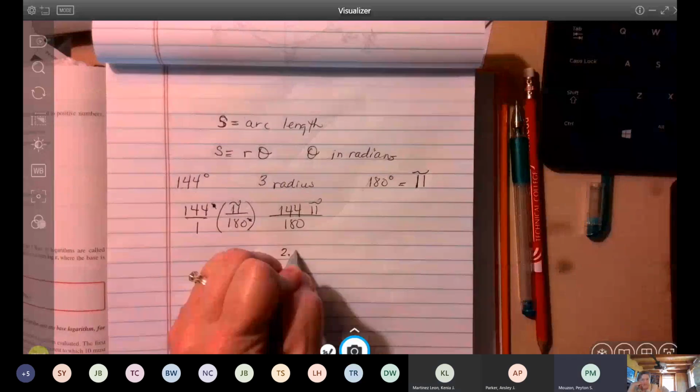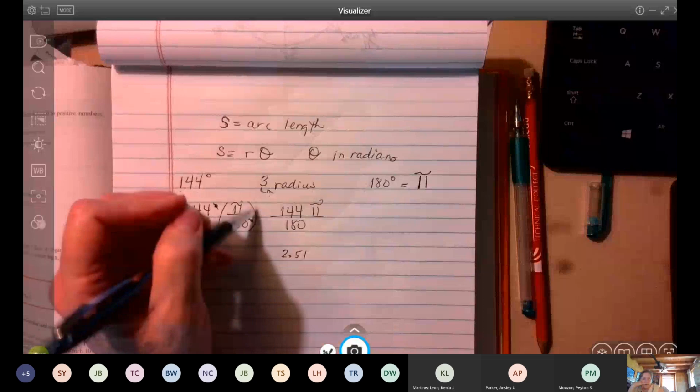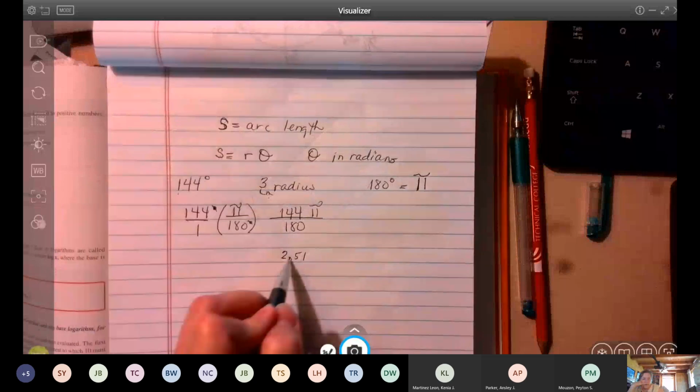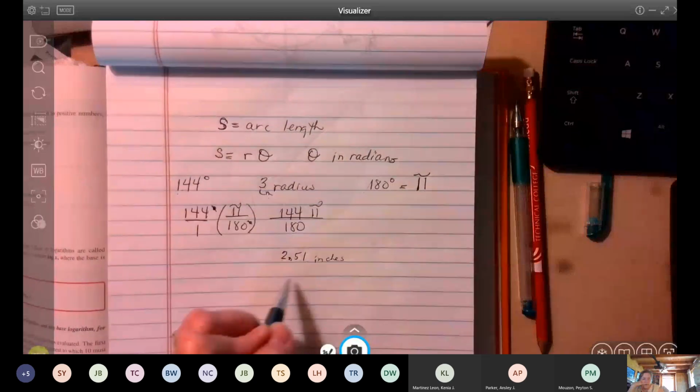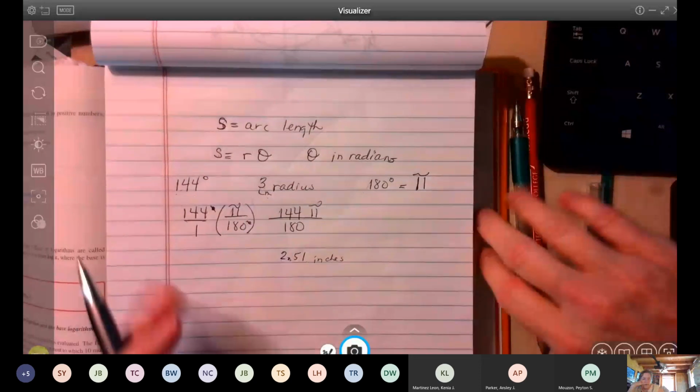So if this radius, I didn't give a measurement. So if this was in inches, let's say your radius was 3 inches, I had a 144 degree angle, and I wanted to know the arc length, that would be 2.51 inches. Because when I multiplied everything out, remember I changed this. Oh, wait a minute, sorry. Did y'all multiply it times 3 yet?